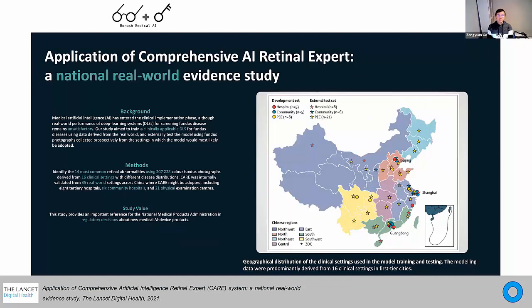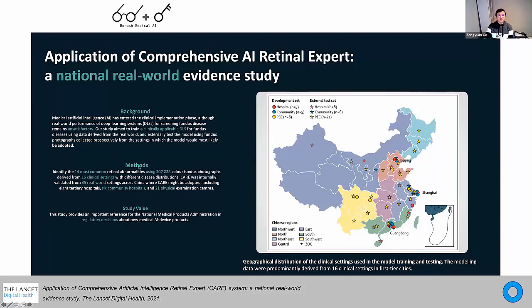There's one study, I think AirDoc has done a very good one, a national real world evidence study for the AI model. The AI model is basically trained using all the retina information. Then the model is able to tell if it's DR, AMD. They have trained a model for, I think, 14 different common eye diseases.